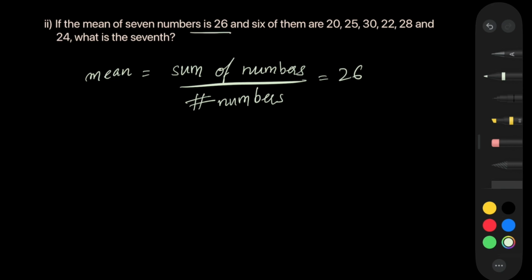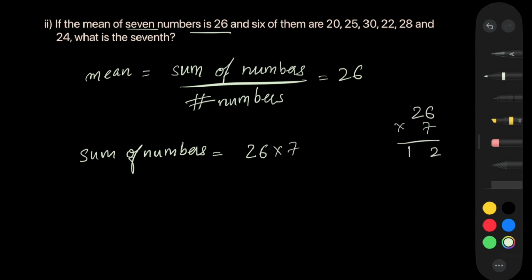Now, to get the total sum of the numbers, we need to multiply the number of numbers, which is 7, with 26. So it gives us 182.